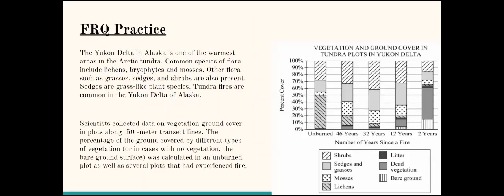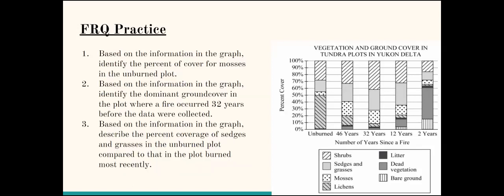Now, for some practice from the AP exam, we're going to look at an FRQ question. And for this, I'm going to pause the video so you guys can read it on your own. And now looking at this data, for question 1, based on the information in this graph, identify the percent of cover for mosses in the unburned plot.